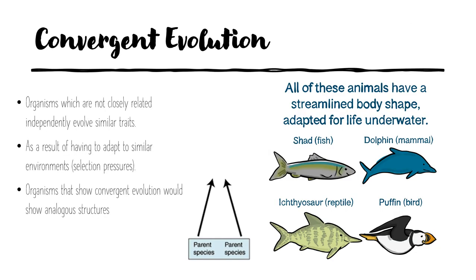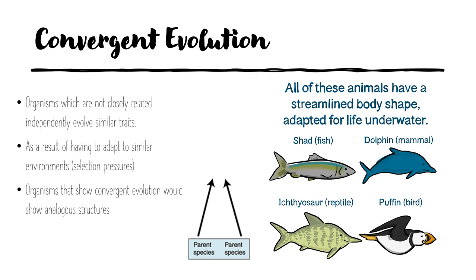Convergent, on the other hand, doesn't end up with one species. It does end up with, I guess, the traits coming together. These are organisms that are not closely related, but independently evolve similar traits, having to adapt to similar environments, like an aquatic environment or a desert environment or mountain, that kind of thing. So these organisms show convergent evolution because they would have analogous structures.